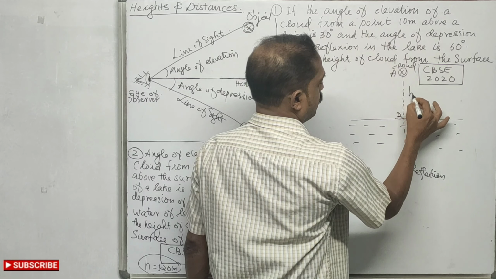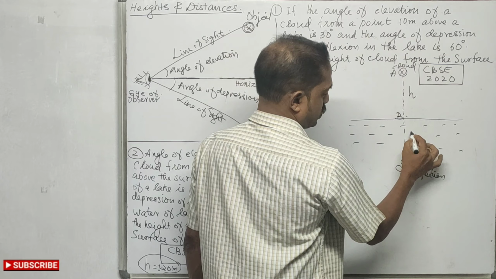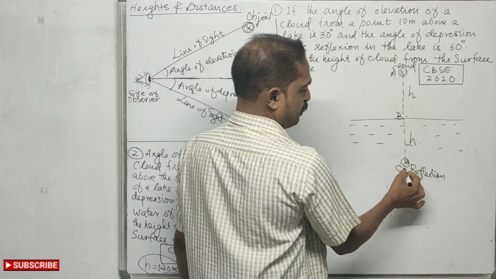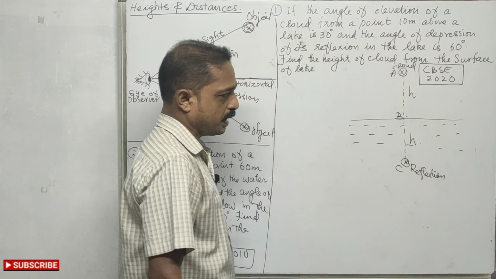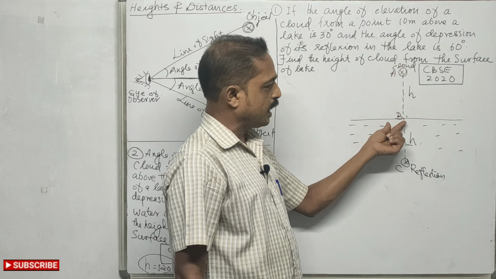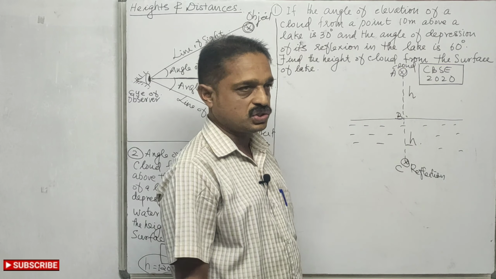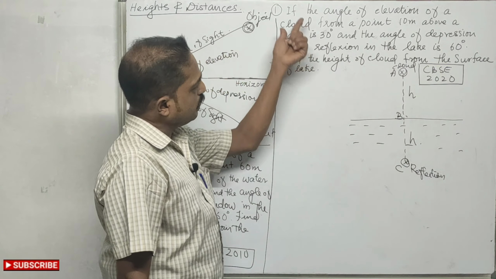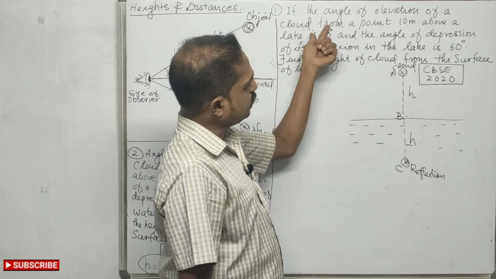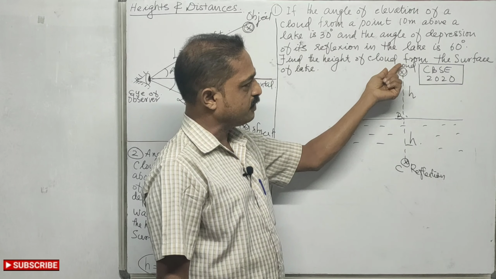So let us assume that AB is equal to BC is equal to H. Both these distances will be equal.